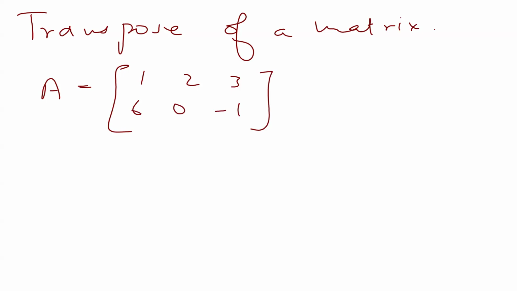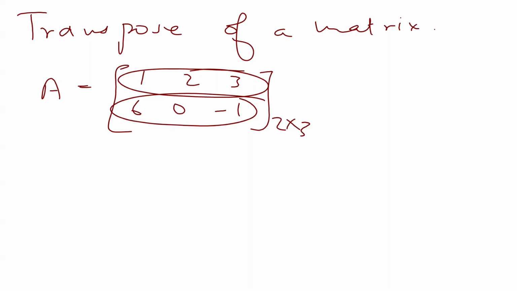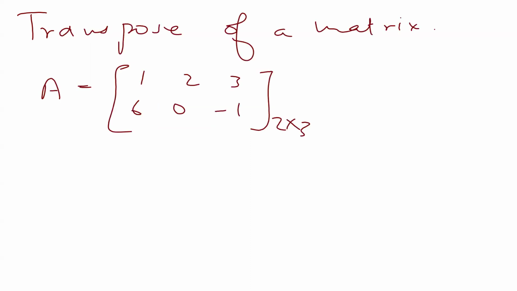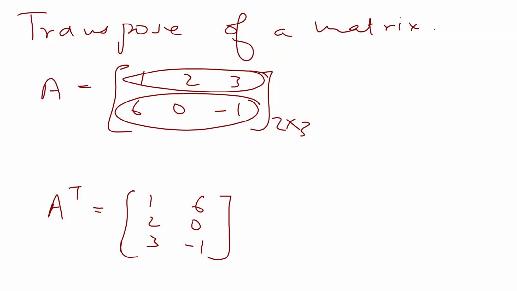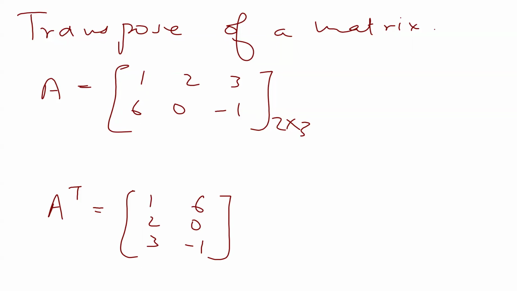The order of this matrix is 2 horizontal rows and 3 vertical columns. Now A transpose: first row will become first column, second row will become second column. The order of this matrix will be 3 horizontal rows and 2 vertical columns.